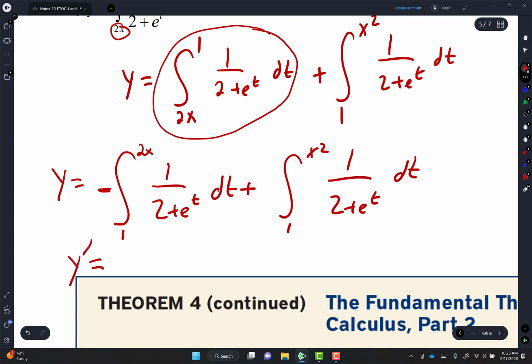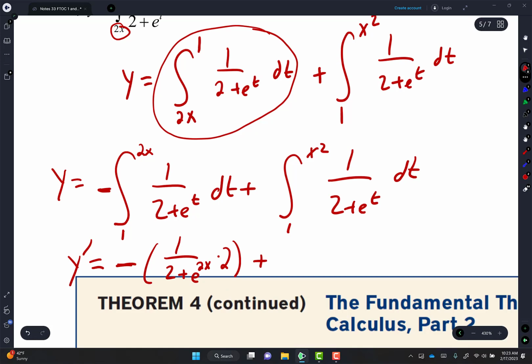Y prime equals negative in the front. You can put all this in parentheses if you want, or just put the negative in the center there. E to the t like that. Oh, e to the 2x. We're not done yet. E to the 2x times 2. So I'll fix it in a little bit.